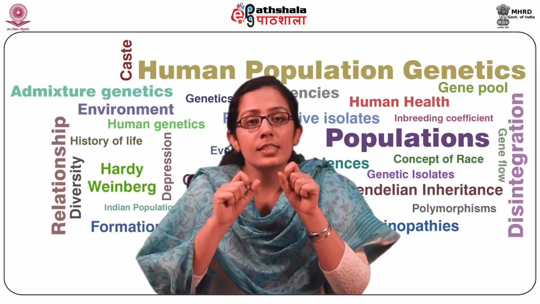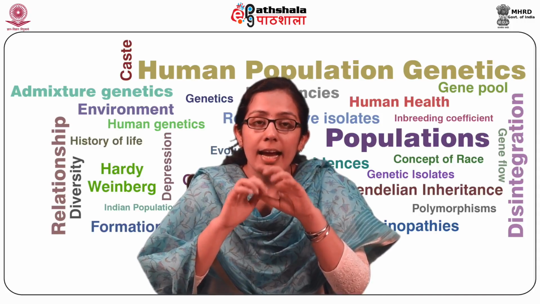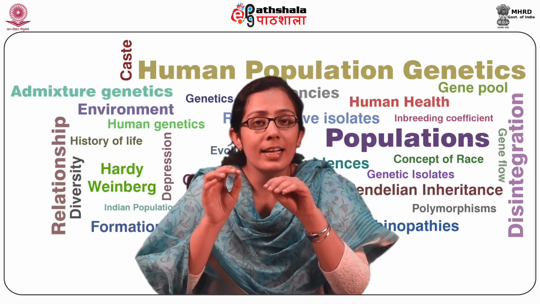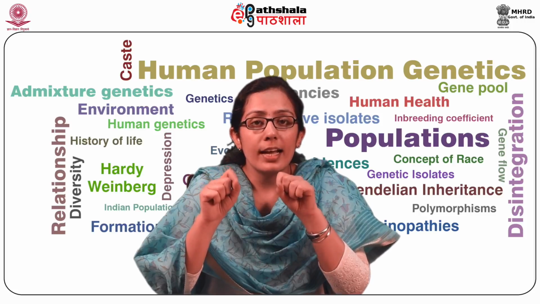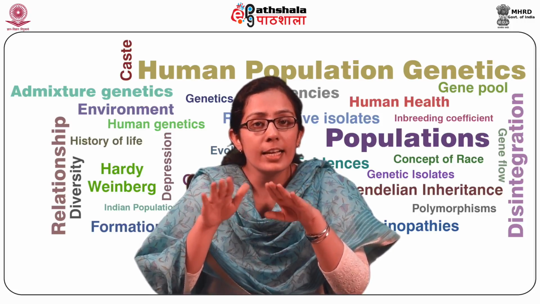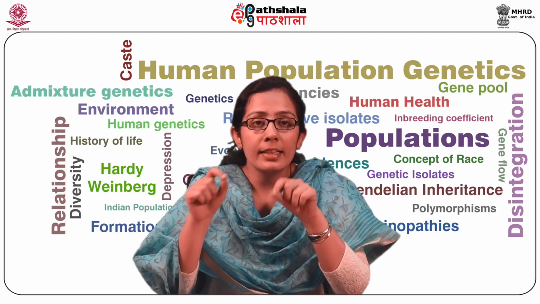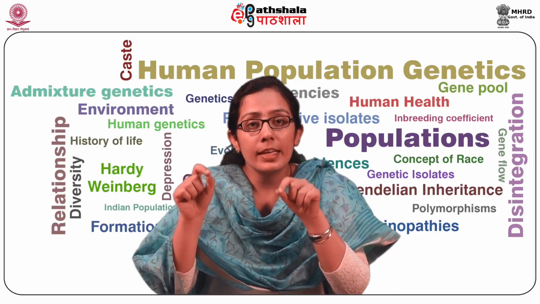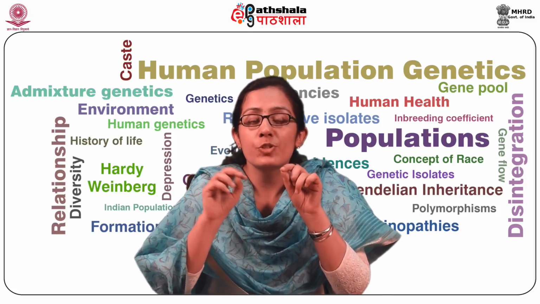The third one is the adult hemoglobin, abbreviated as HbA, and the fourth one is the minor adult hemoglobin, called HbA2. During the first year of life, HbF is replaced by HbA and HbA2, where a normal adult contains 98% of hemoglobin A, that is HbA, and 2% of HbA2.